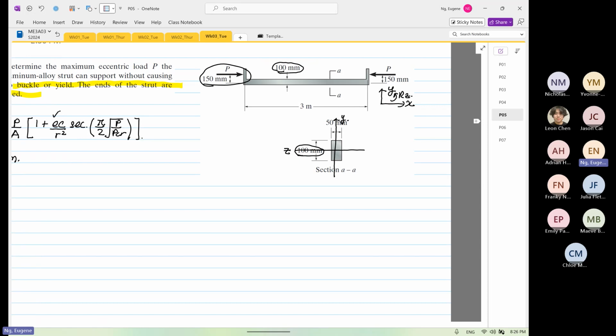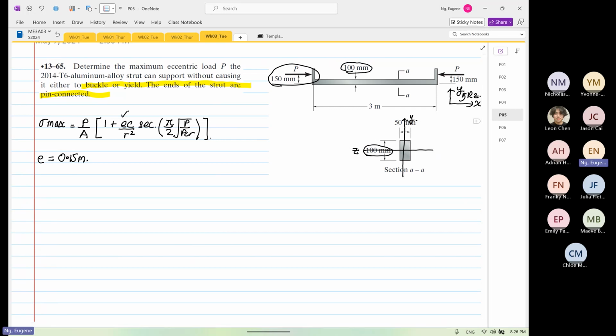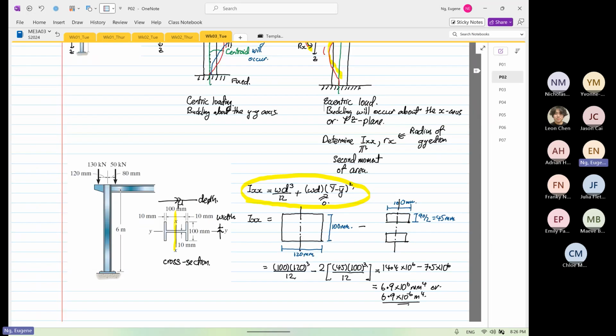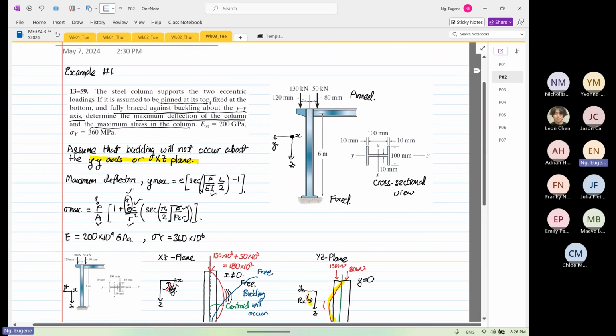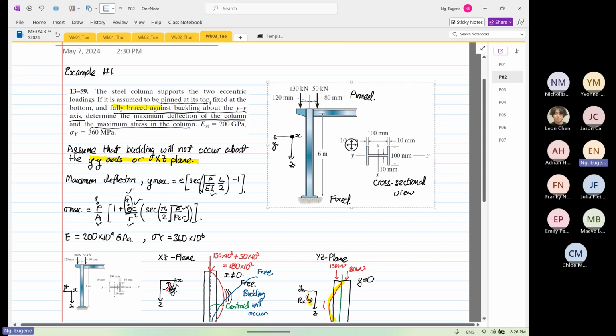Now this question did not mention what the one before it did. The one before, what did it say? It deliberately states this statement that simplifies our analysis: fully braced against buckling about the what?